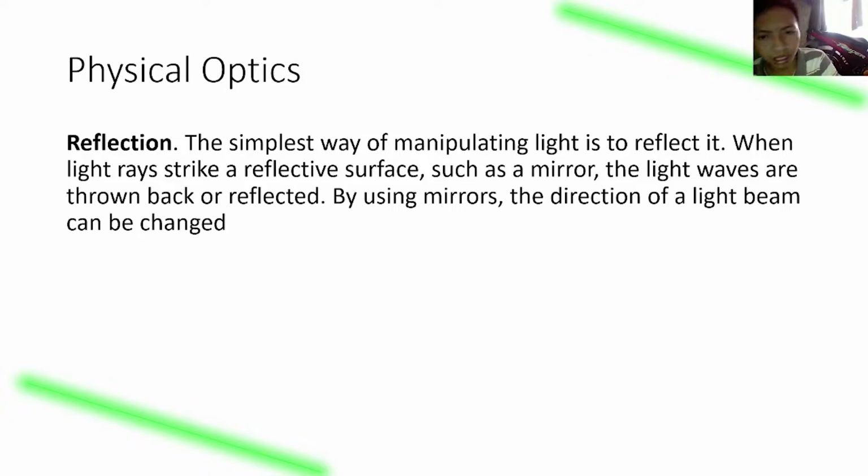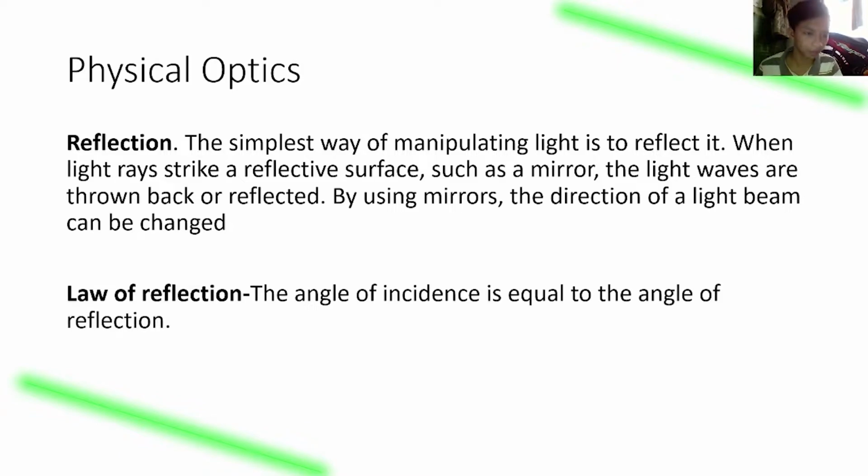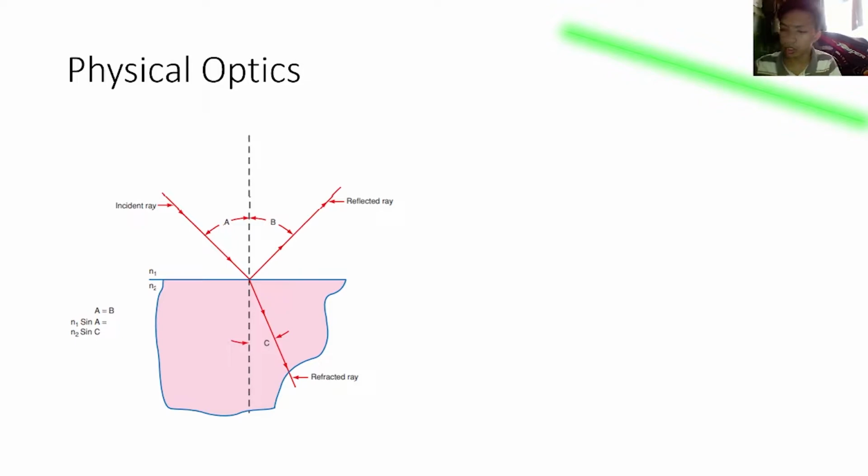By using mirrors, the direction of a light beam can be changed. Okay? Of course, we are very familiar with it because it can be observed in our everyday life. So there is a law of reflection that the angle of incidence is equal to the angle of reflection. Okay? So as pointed here, the incident angle and the reflected angle, which are A and B, are equal.